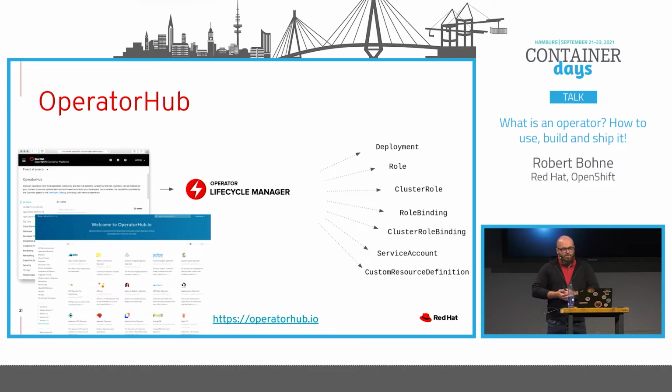For the upstream Kubernetes world, you can go to operatorhub.io, and you see a bunch of operators provided by several ISVs, from Instana for application monitoring, or Dynatrace, or some storage vendors providing operators to connect your Kubernetes cluster to your storage system, and a lot more. And if you are using OpenShift, then you have this operator hub in your OpenShift cluster. And of course, if you're running OKD, you also have this operator hub in your OKD cluster.